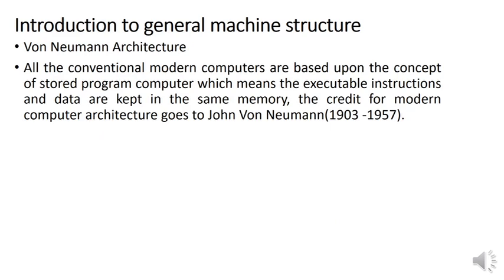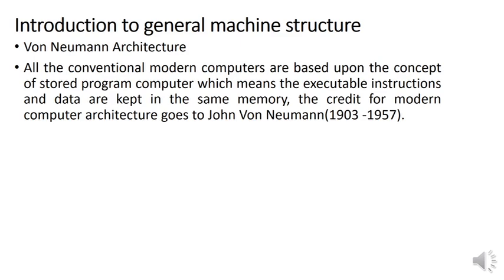Von Neumann architecture. All the conventional modern computers are based upon the concept of stored program computer, which means the executable instruction and data are kept in the same memory.